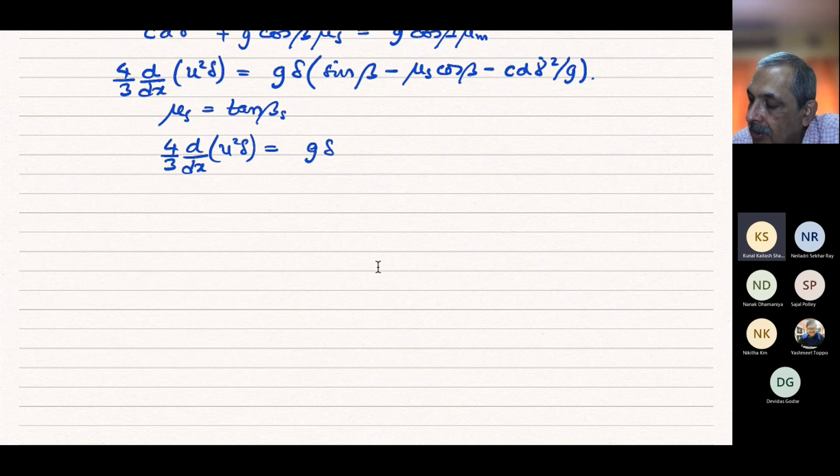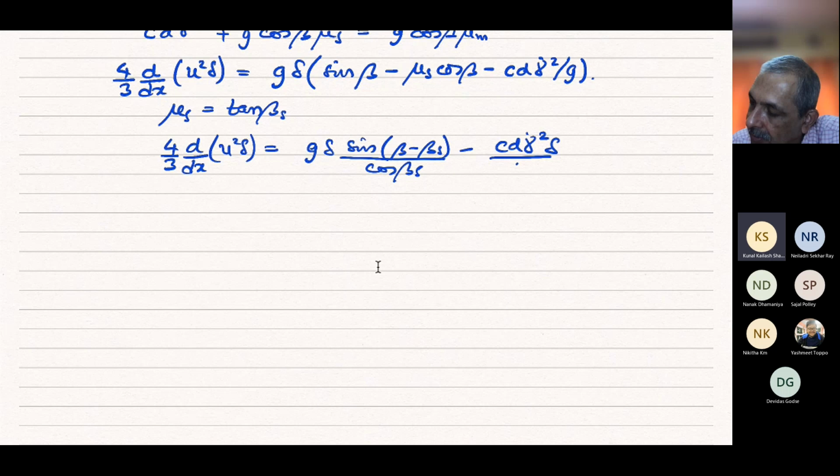into sine of beta minus beta s divided by cos of beta s minus cd gamma dot squared into delta by g into delta.